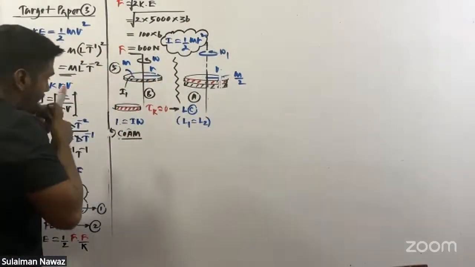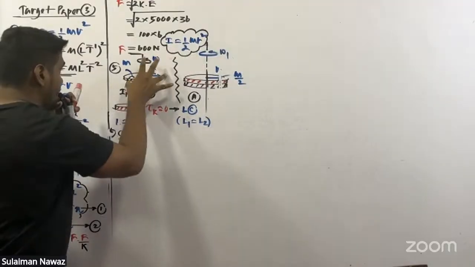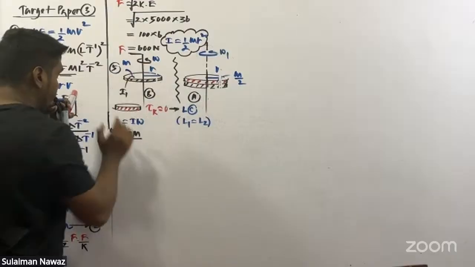Right. Then what can I do? Before, the moment of inertia of the disk is half m r squared. Right.